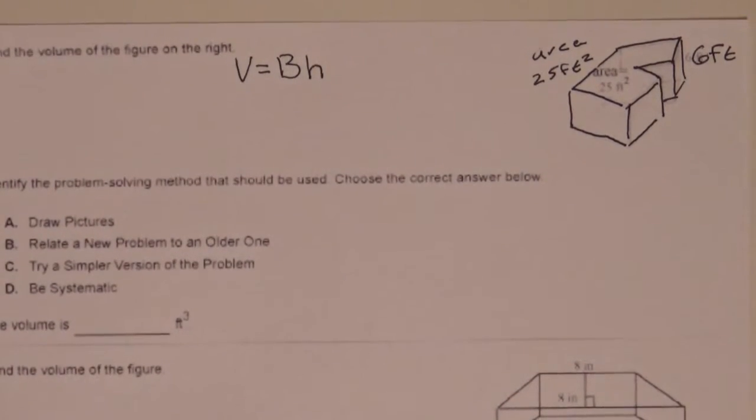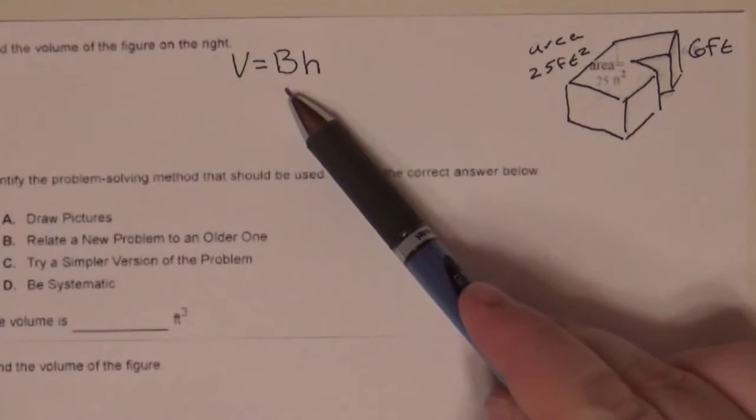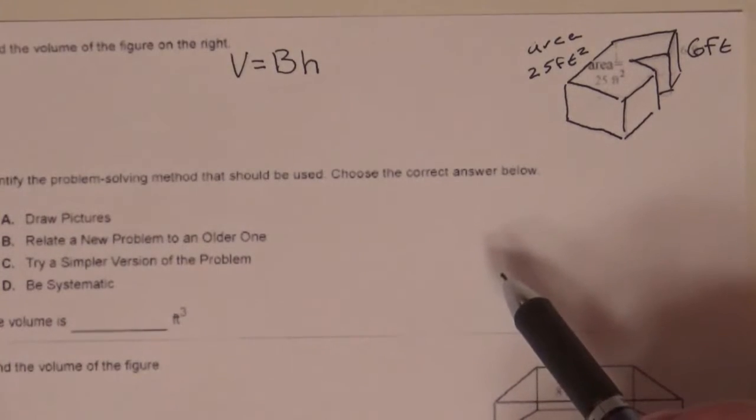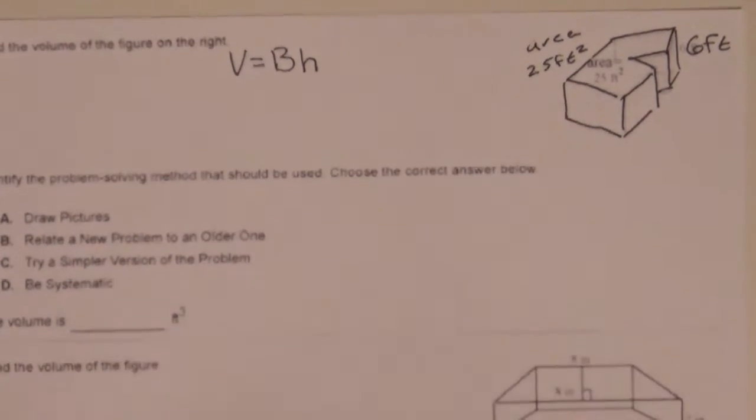Maybe not entirely true all the time, because we're going to see some other problems where the base is not what you're sitting on. But nevertheless, this is what you need to know. If you know the area of your base and you know the height of that object, you simply multiply it.